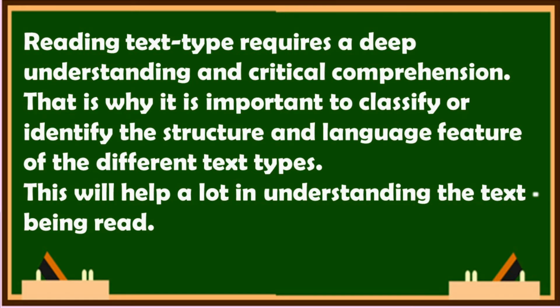Reading text type requires a deep understanding and critical comprehension. That's why it is important to classify or identify the structure and language feature of the different text types. This will help a lot in understanding the text being read.